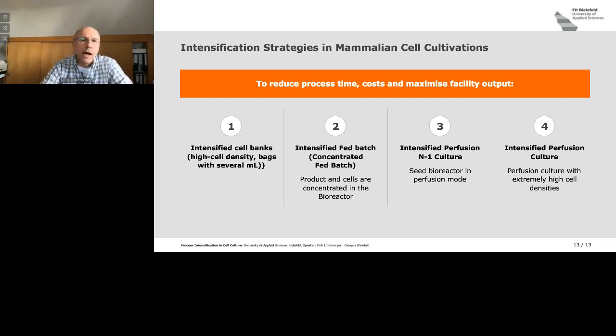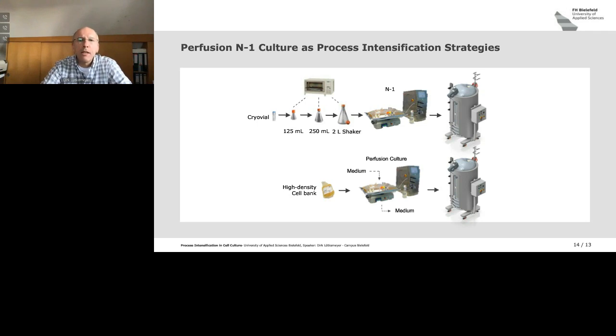Okay, first example, perfusion N-1 culture. If you look at the figure above, you see the normal standard routine, starting with a cryo vial, and then you have shakers, T-flasks, whatever, and then you have the N-1 bioreactor in batch mode, and with this culture you inoculate your production bioreactor.